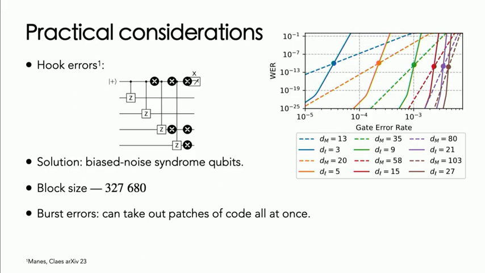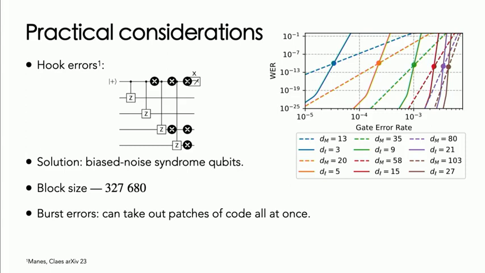And lastly, I wanted to mention that in instances that you're dealing with burst errors, where a large patch of qubits locally is taken out by, say, stray rays from the sun, this is fine because each of our local patches here is a surface code.